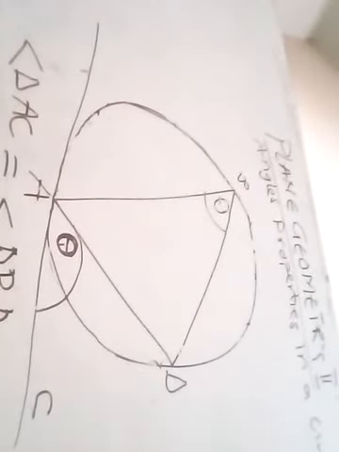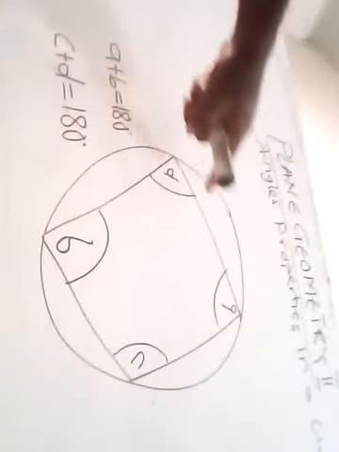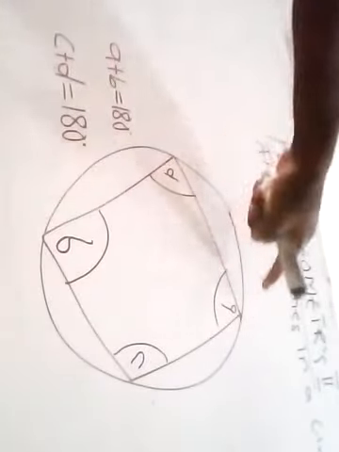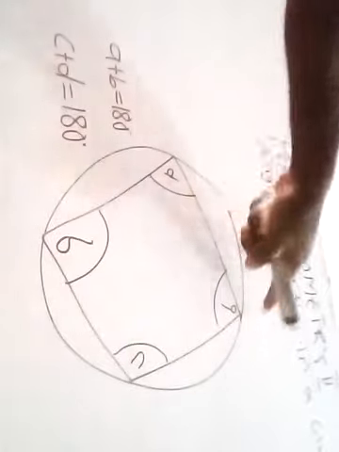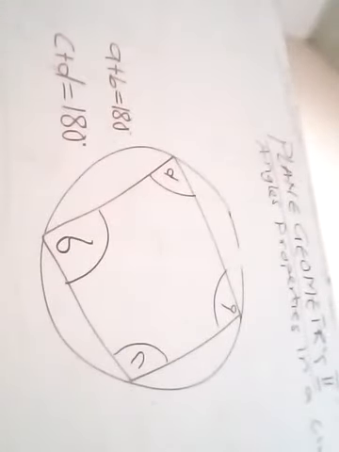Okay, property 8, the last property, says the opposite angles of a cyclic quadrilateral, a four-sided figure, are supplementary. It means that they add up to 180 degrees. Supplementary angles are angles that add up to what? 180 degrees.